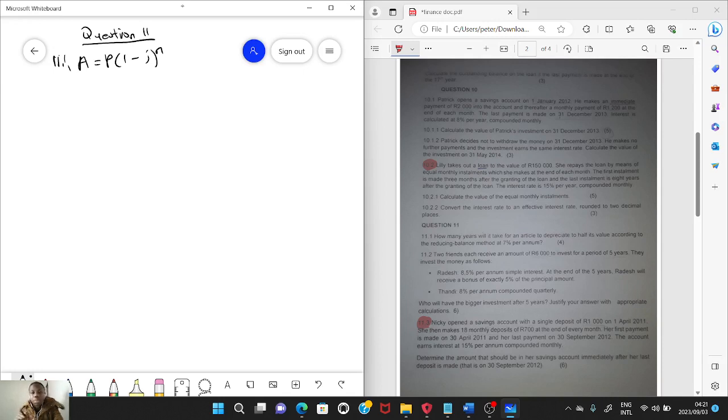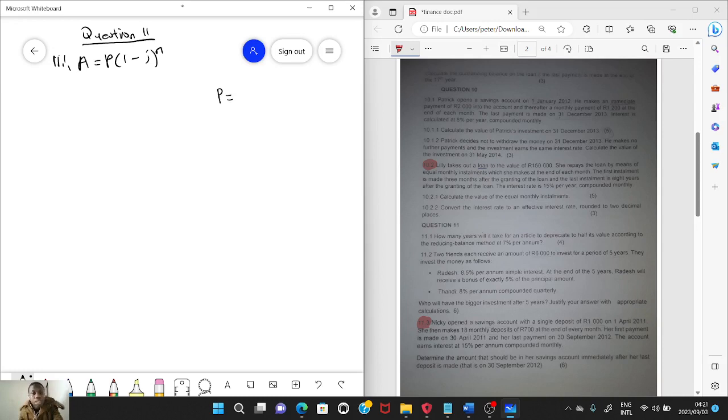So we reread the statement again. They are saying how many years will it take for an article to depreciate to half its value. Do we know the value of that article? We know P is the original amount, which is the cost. Do we know the value of the article?